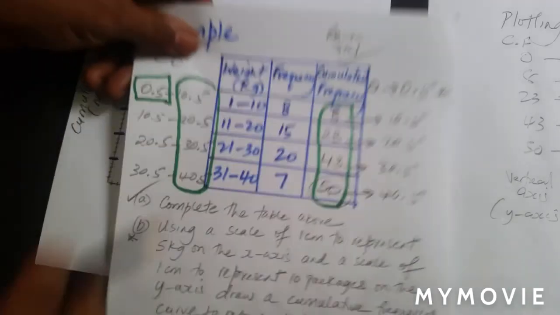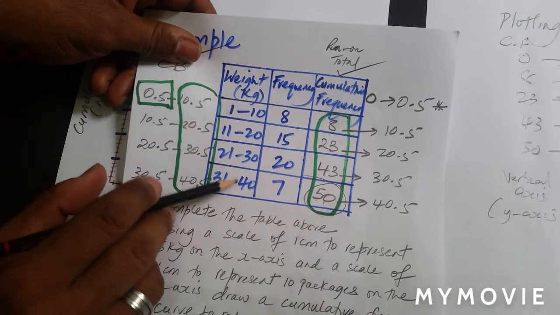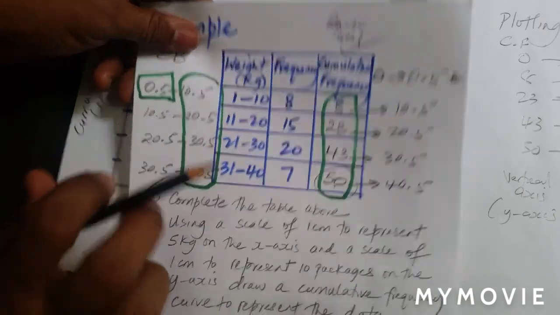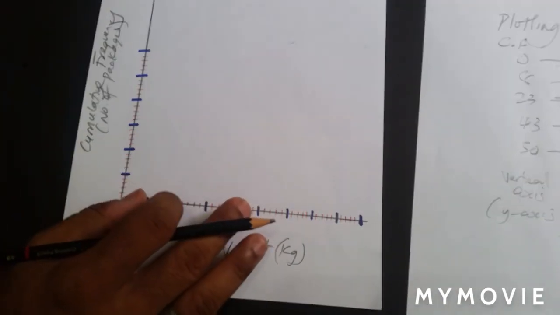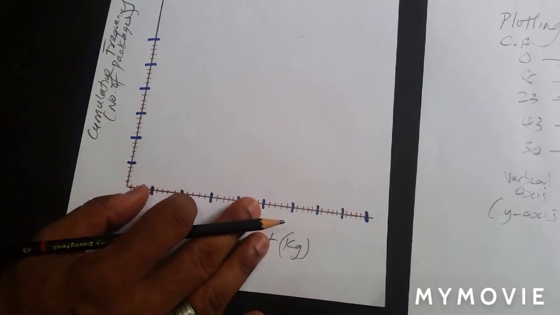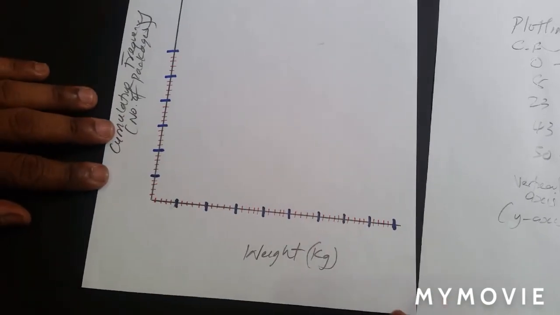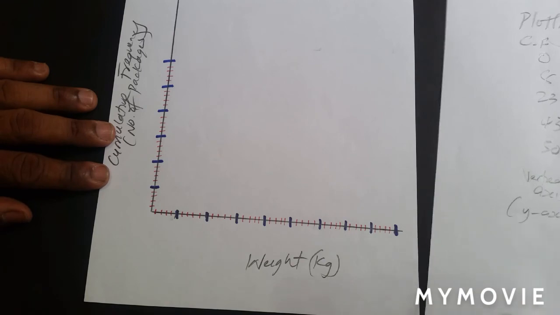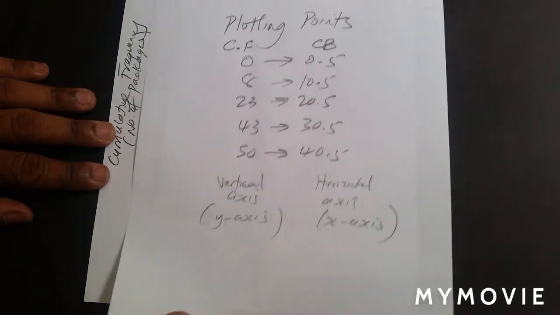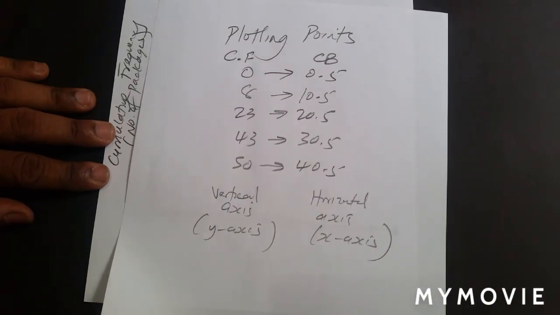So remember, the classes are weight, all right? So we're going to be identifying the values using the scale that they ask us for. So this is what we have so far, and again, we're going to be plotting these values against each other to get this cumulative frequency curve, which has a characteristic S shape.